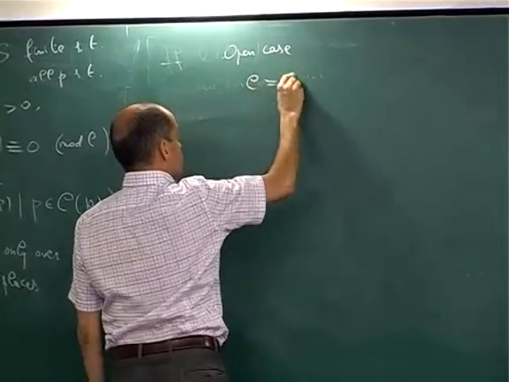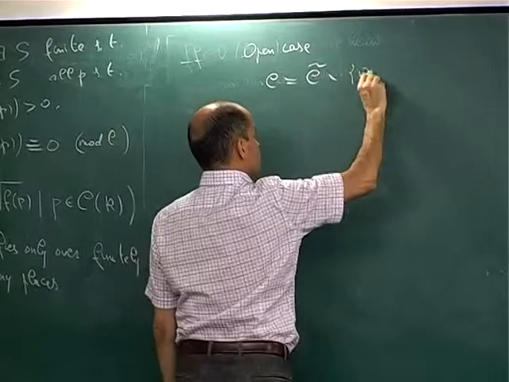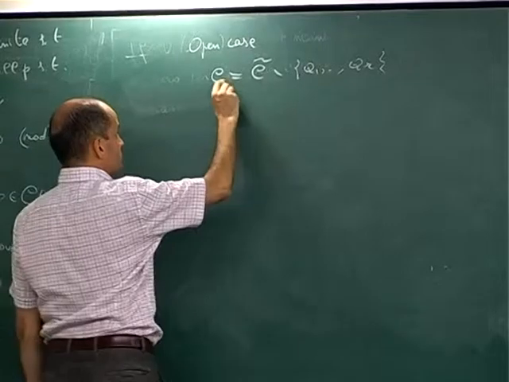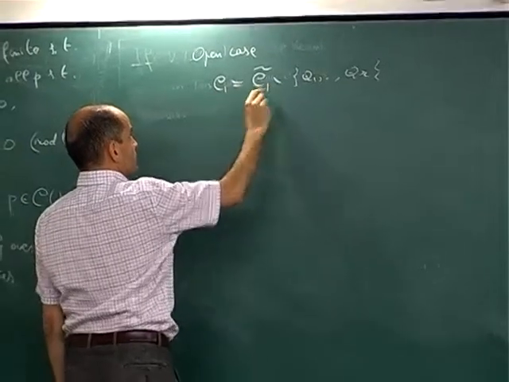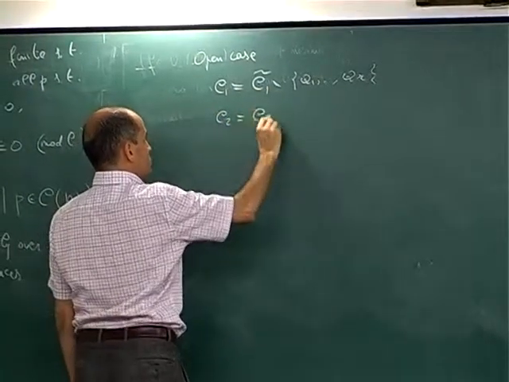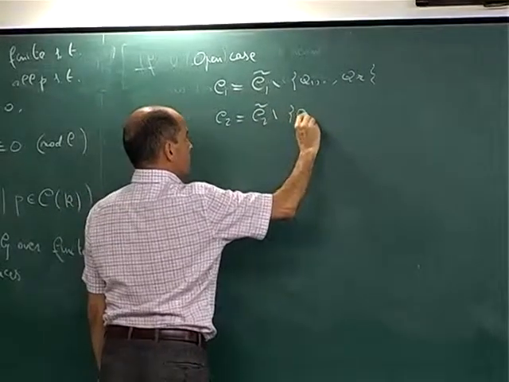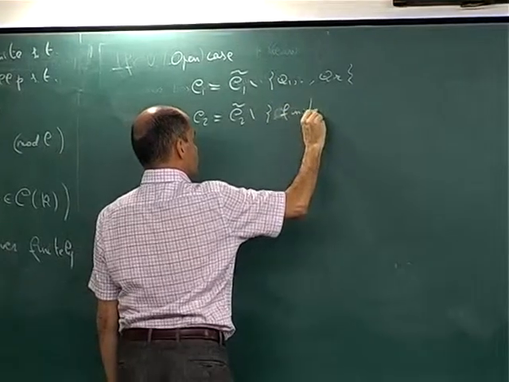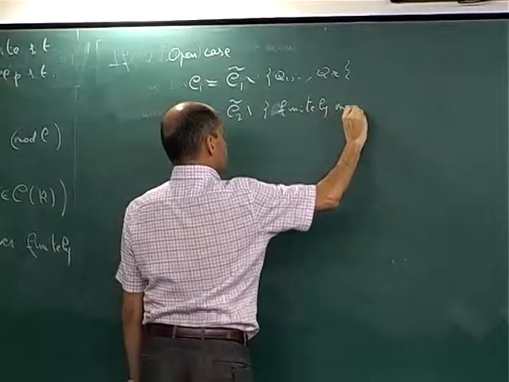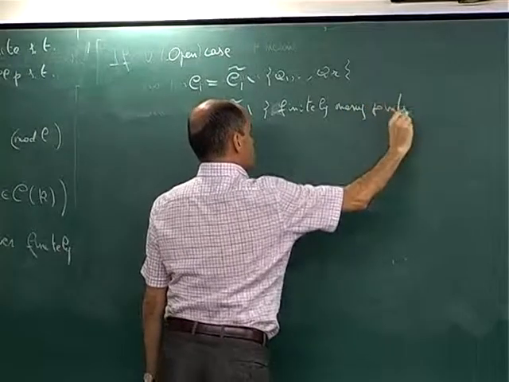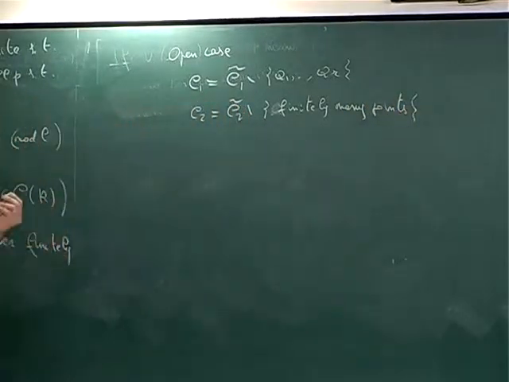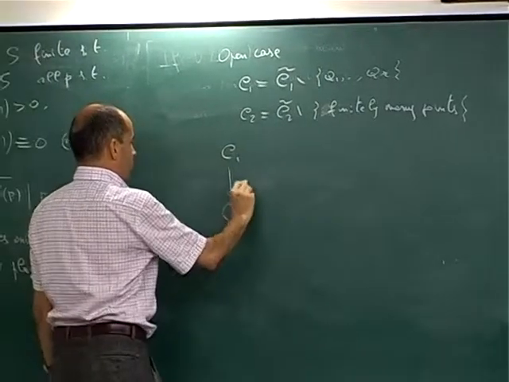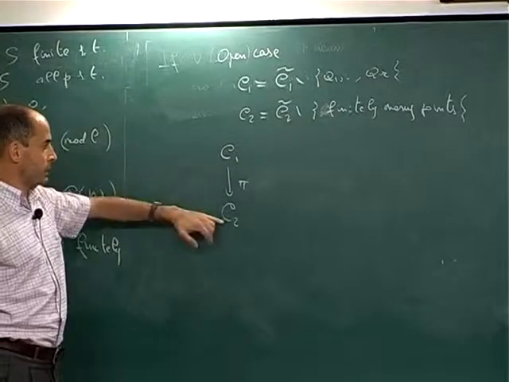So C1 is now C1 tilde minus a certain finite set, and C2 is C2 tilde minus finitely many points. So the hypothesis is that the cover pi is unramified.